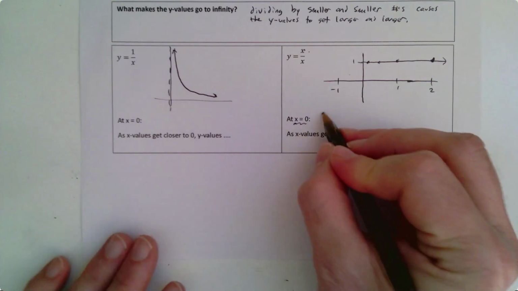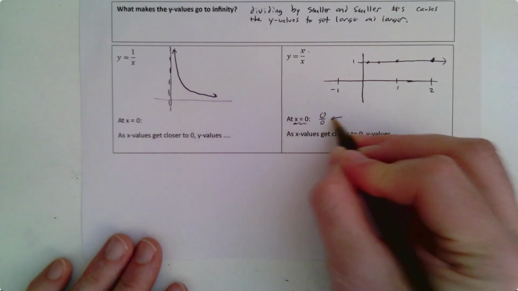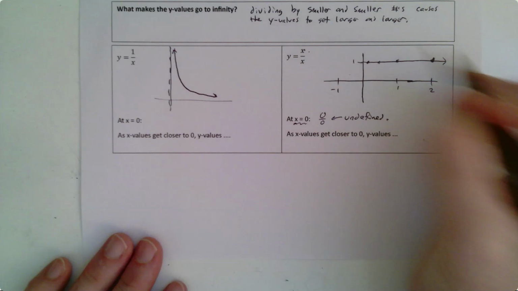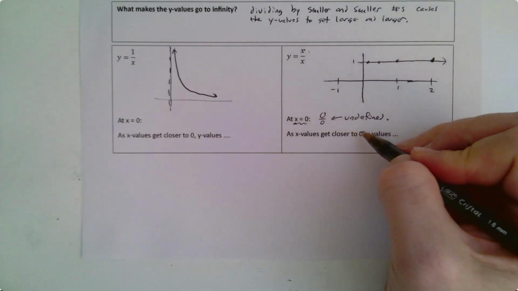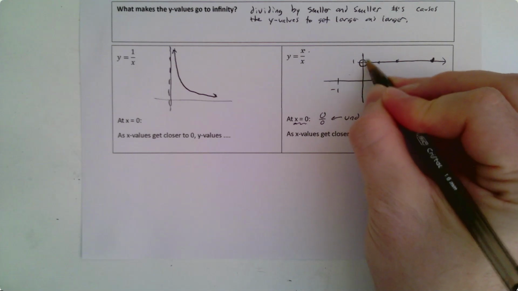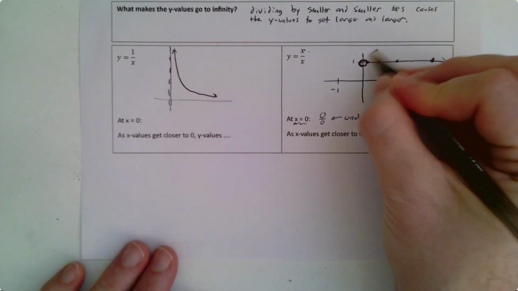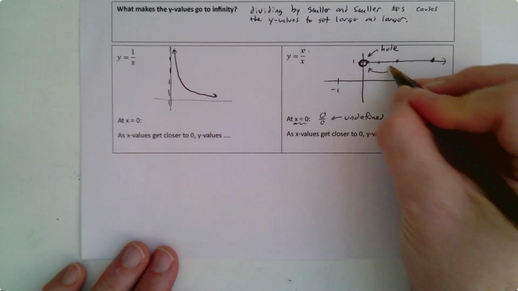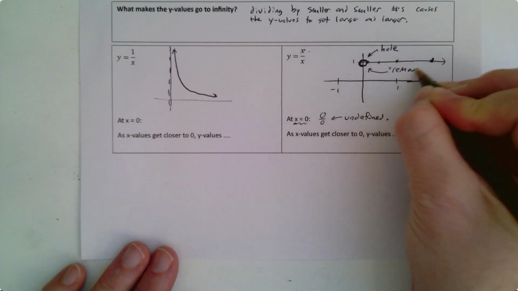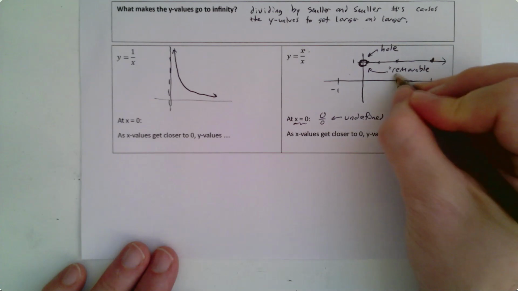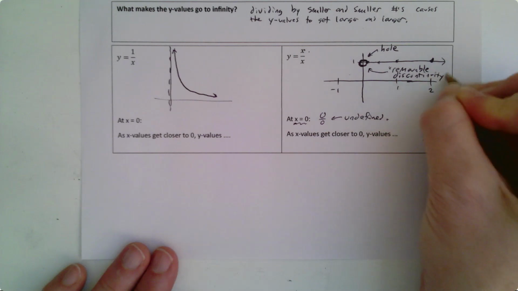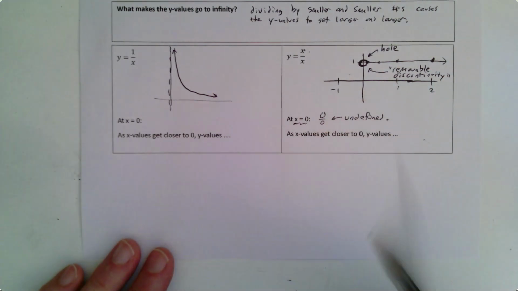If x equals 0, I have 0 over 0, which is undefined. But I'm not going to have a vertical asymptote here. I'm going to put an open circle here, which is a hole in the graph. Another name for a hole is a removable discontinuity. We'll come back to that name in a second.